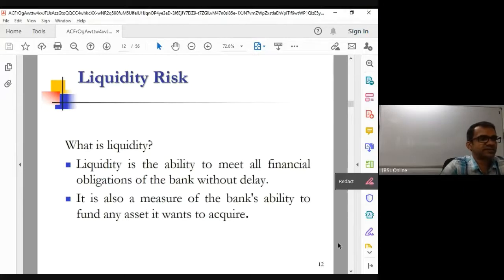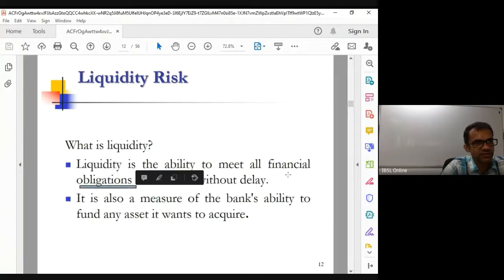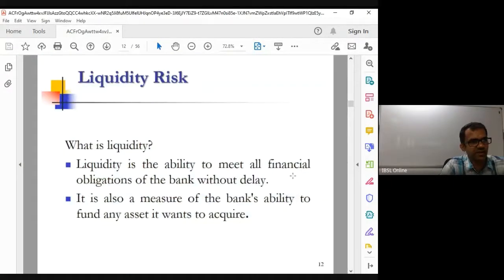Thanks. So what I was explaining, the financial obligation is not only the borrowings or the payments that the bank or the financial institution has to make, but also the commitment the bank has made towards borrowers.